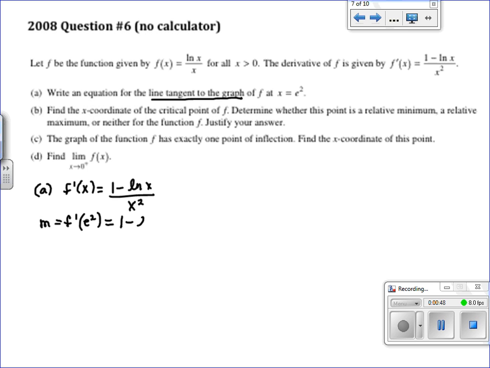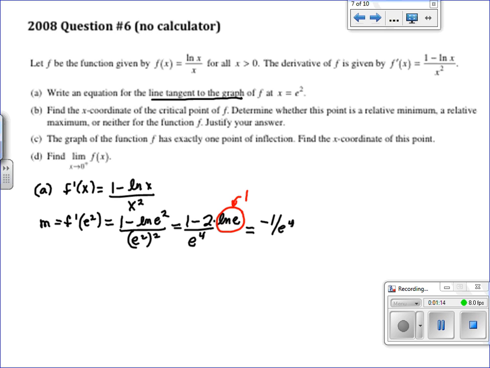I have 1 minus natural log of e squared all over e squared squared. The 2 can go to the front, and natural log of e is 1, so it becomes 1 minus 2 all over e to the 4th. 1 minus 2 is -1, so -1 over e to the 4th.